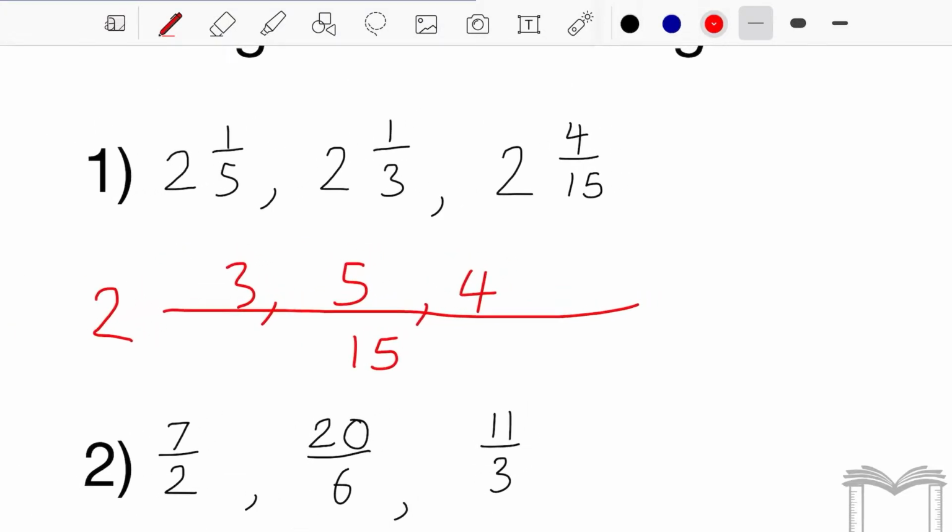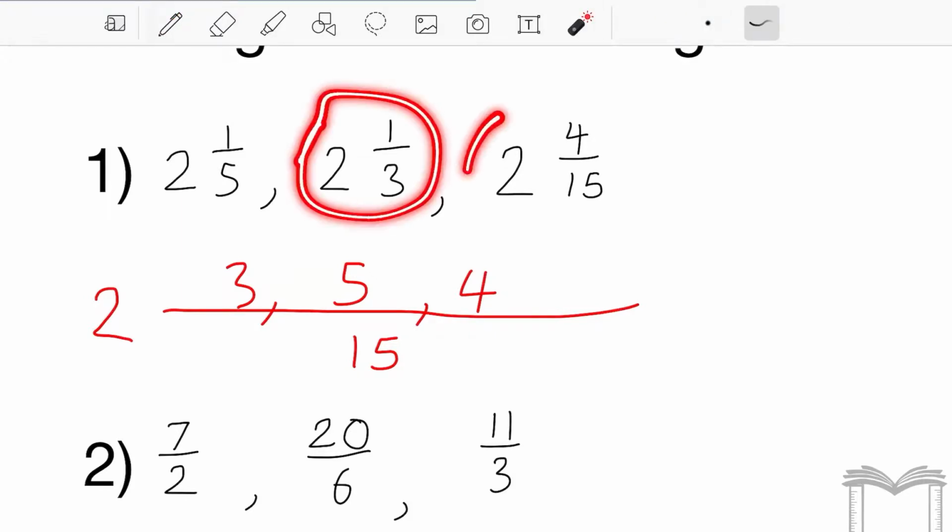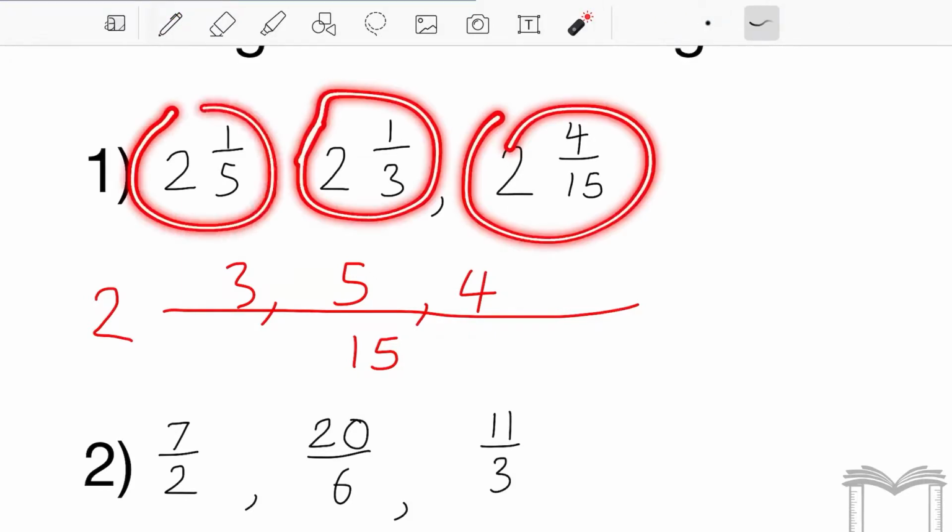So descending order, largest to smallest. So this will be the first, then this, then this.